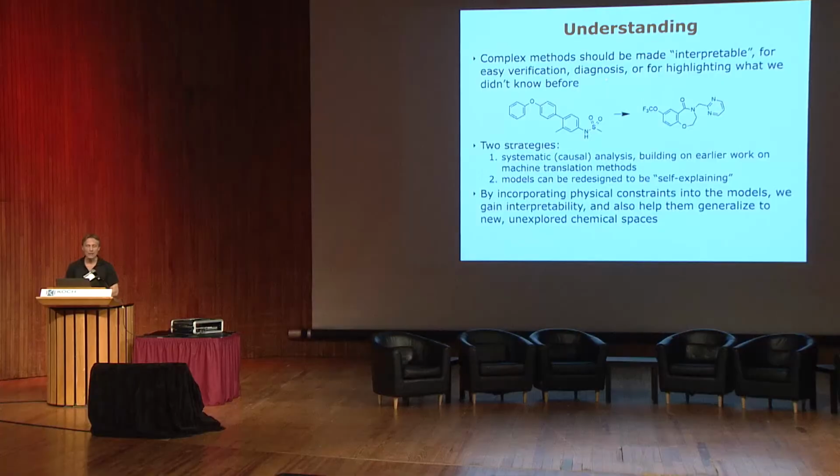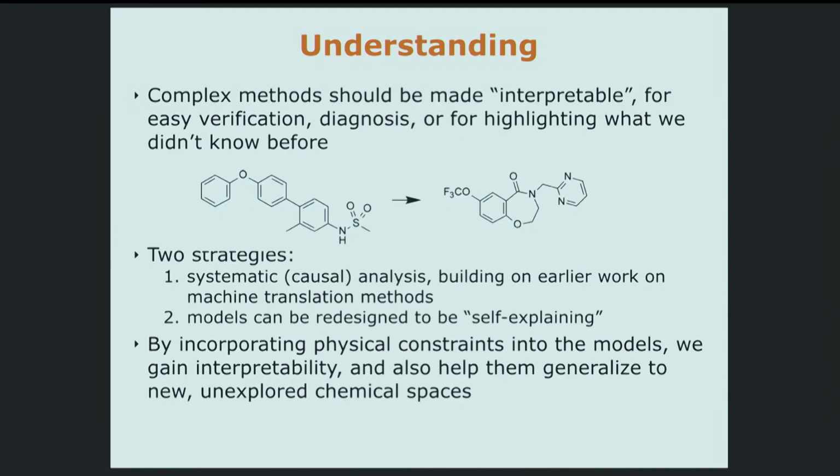That's number one. Number two, which is starting to be prominent in the field more broadly outside this context, is designing models to be self-explaining from the start, so they highlight the way in which they use information already as part of the architectural design.